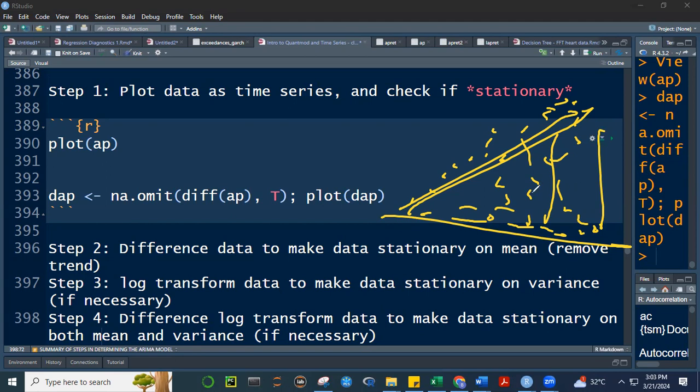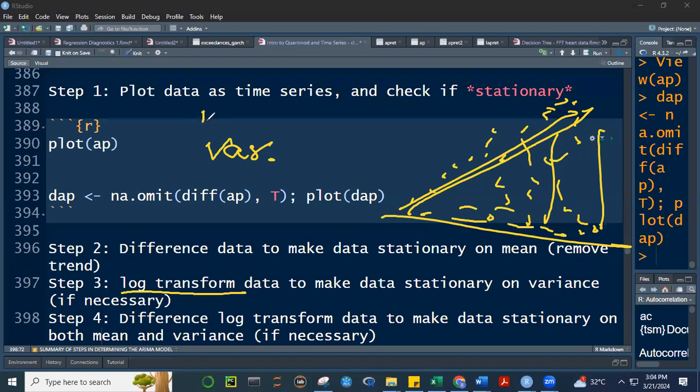So this is definitely not stationary also. How do you cure this scenario? One way is to get the log transformation, which could remedy this non-stationarity in variance.